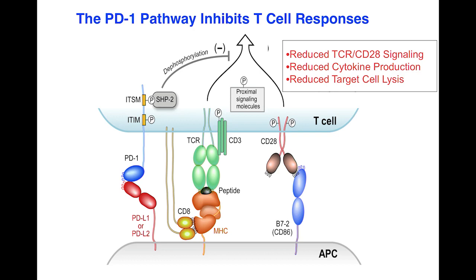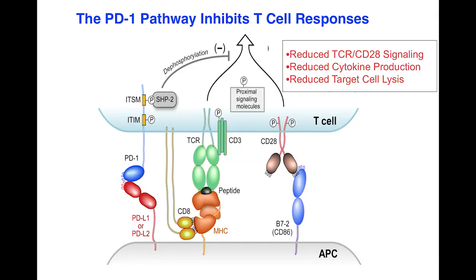This leads to the association of protein tyrosine phosphatases, such as SHP2, which then can lead to dephosphorylation of kinases downstream of the T cell receptor or downstream of CD28. As a result, there's reduced signaling through the T cell receptor and CD28 and an inhibition of effector T cell responses, effector cytokine production, as well as cytolytic T cell responses.